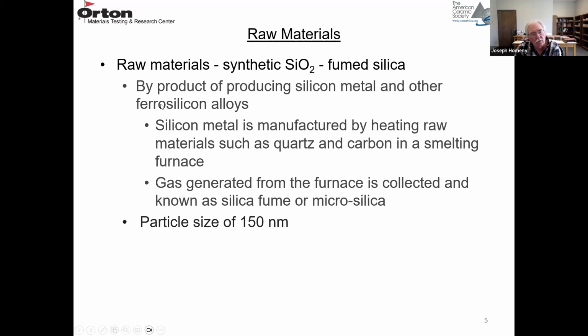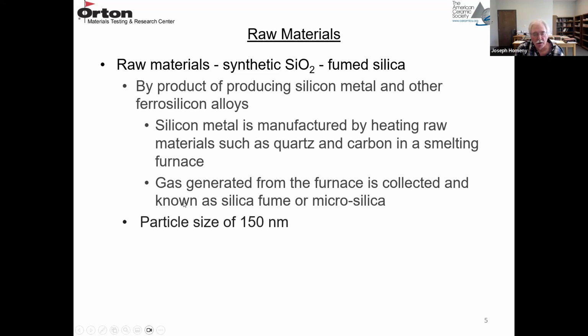And another way of making synthetic fumed silica is as a byproduct when you make silicon metal or other ferrosilicon alloys. So silicon metal is made by heating quartz and carbon at the same time. The carbon reduces the quartz to silicon metal, but there's a gas generated, and that's in the form of silica.